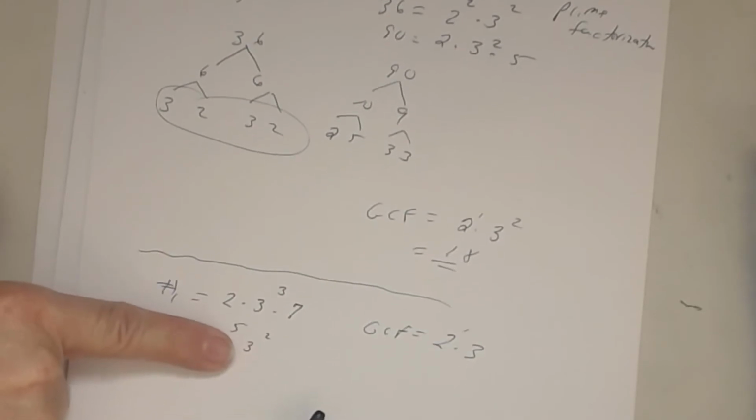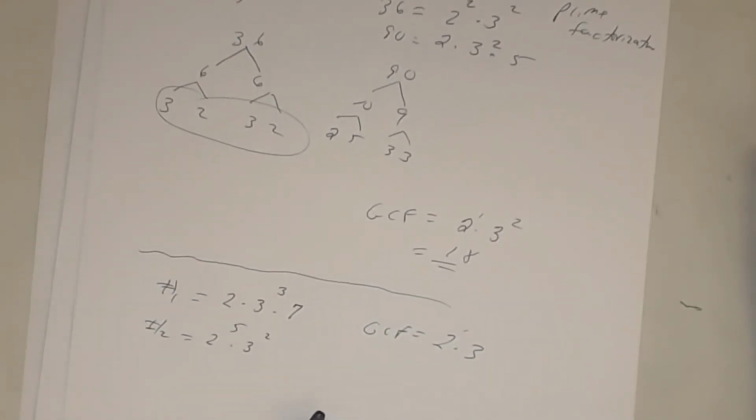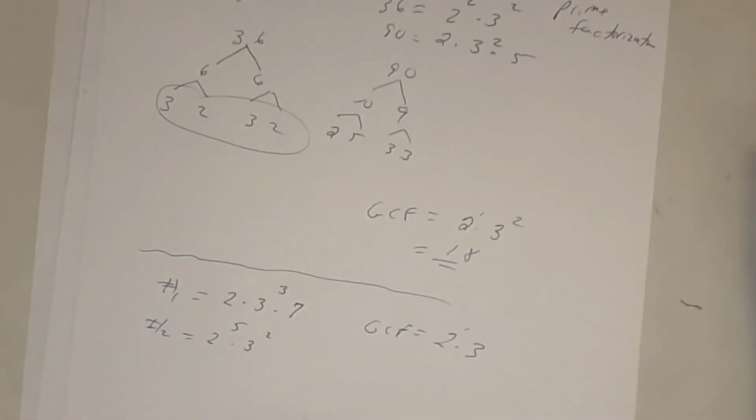And in the other? 2. What's the greatest that they share? 2. So what's the GCF? 18. In this case, it's still 18. I didn't mean it to be 18, it just turned out to be 18. But you understand how to find it?